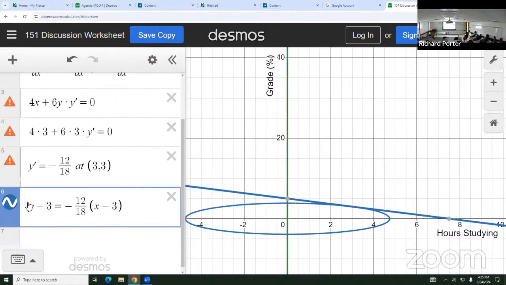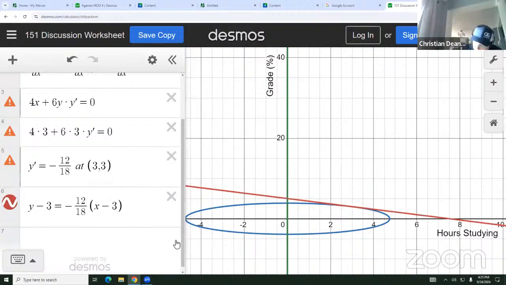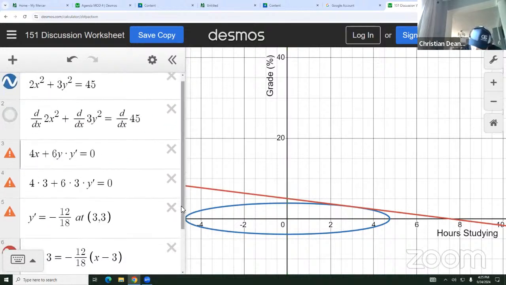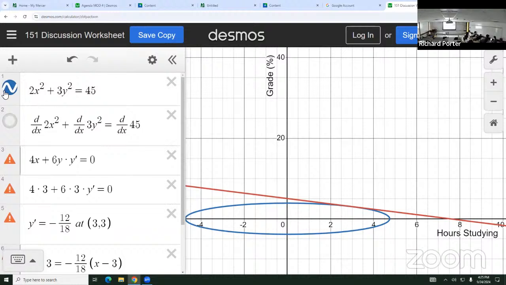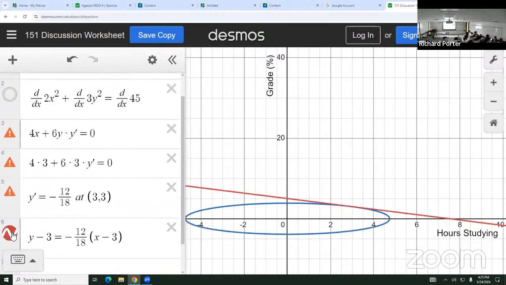Are we good with that? Any questions on this? So I have the ellipse here, and at the point (3,3), I have that tangent line like that. And the slope of it is minus 12 over 18. That could be reduced too.